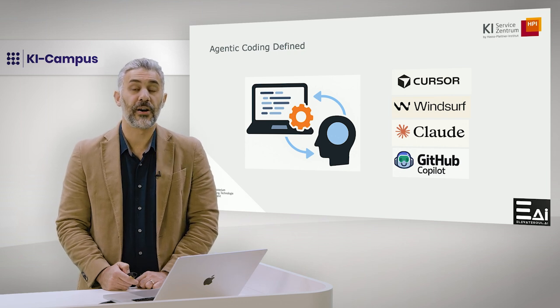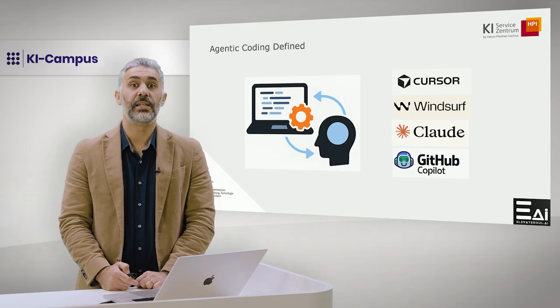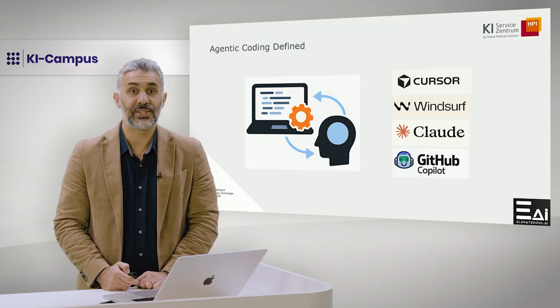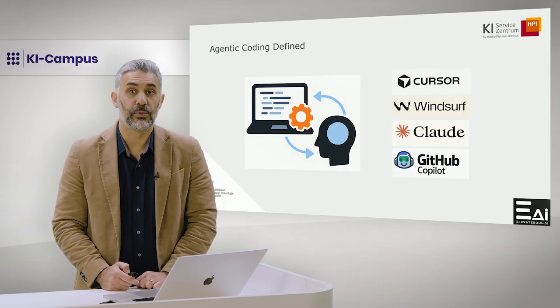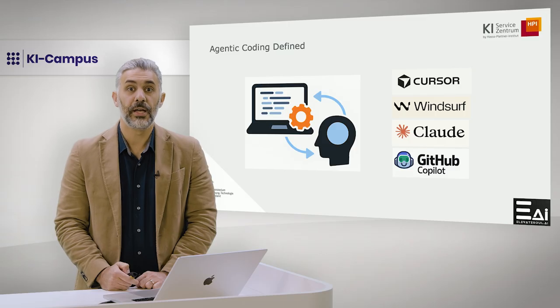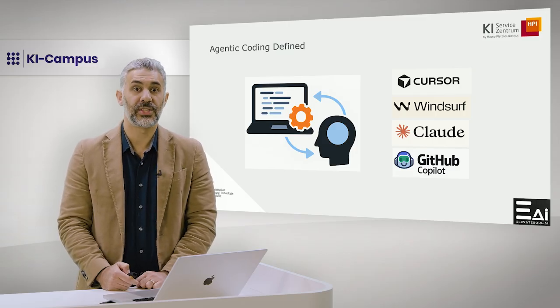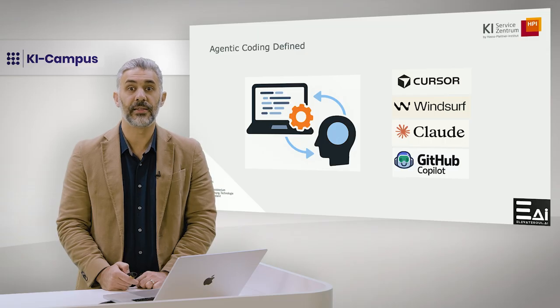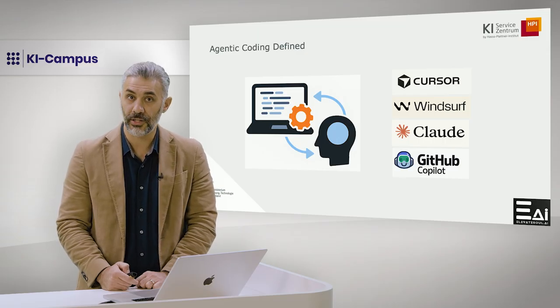GitHub Copilot functions as a plugin for existing IDEs, including Visual Studio, JetBrains, and others. It is also increasingly accessible via github.com and from the command line. There are other emerging tools at various stages of maturity, but they all point in a common direction: systems that aim to make the coding process more autonomous, responsive, and context-aware.